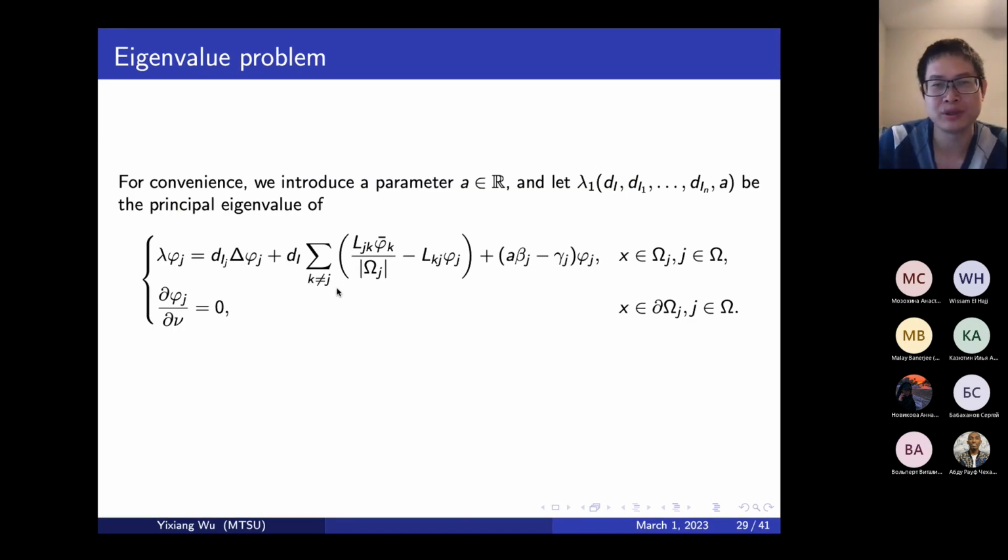What we did is we introduced a parameter A and let the number mu_1 be the principal eigenvalue of this eigenvalue problem.